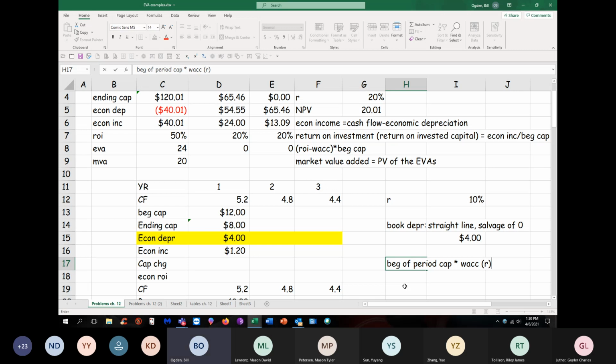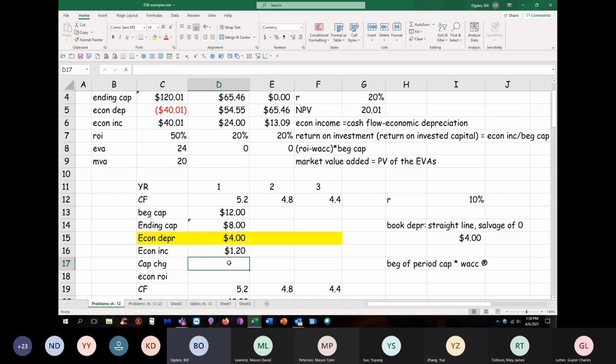All right. And where this orientation comes from is this thing called the capital charge. What you do is, for every dollar of invested capital, investors require that you earn the WACC on it. Okay, so let's go back here. So investors see $12 of their capital invested in this company.